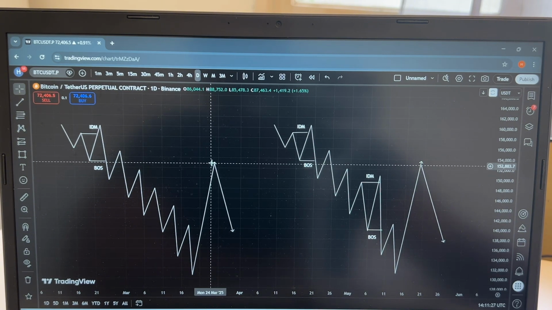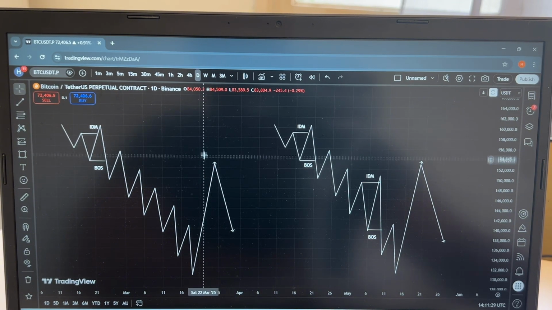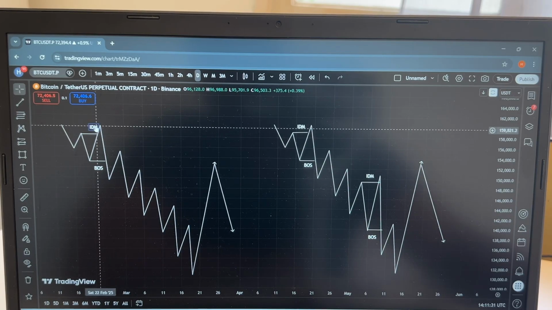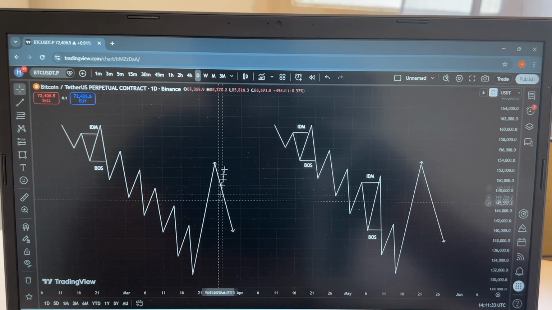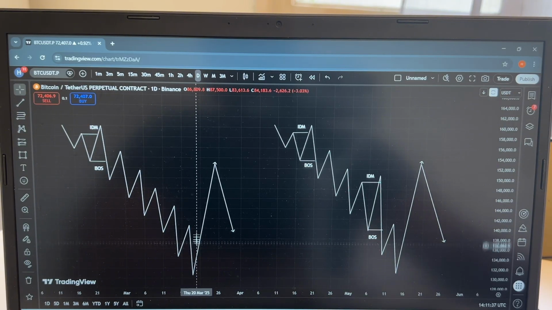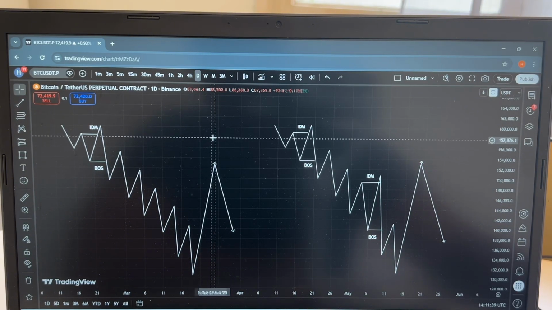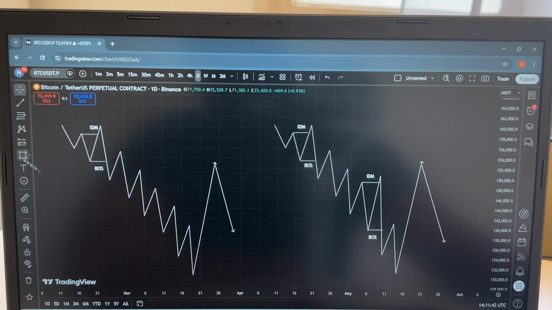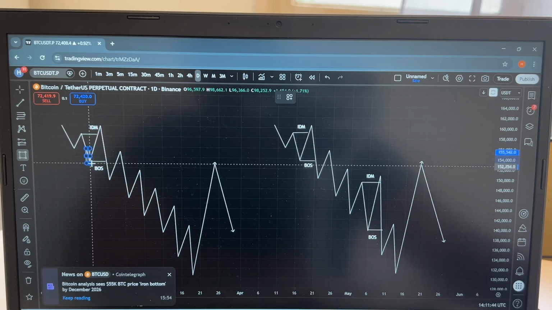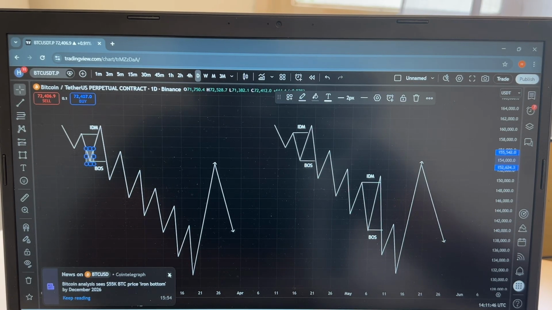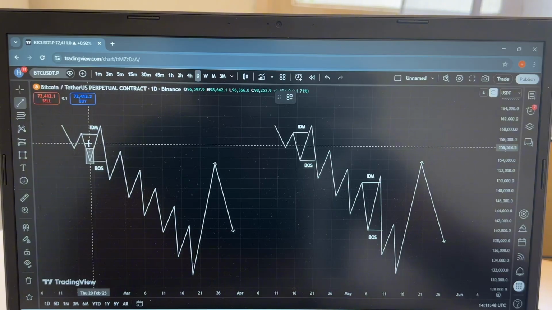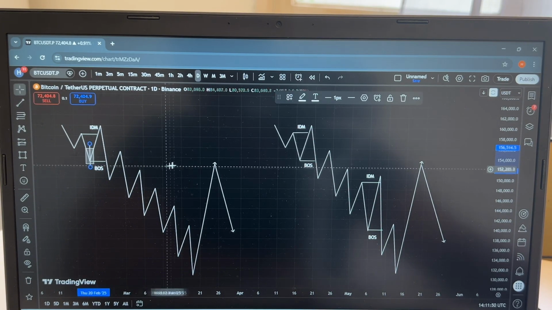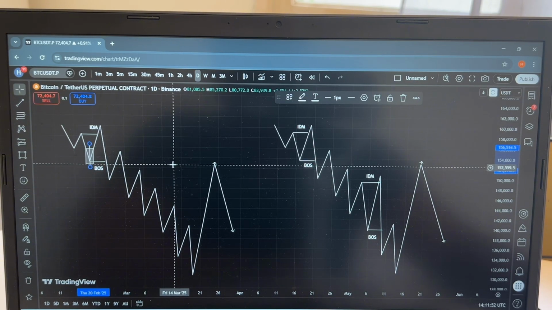And just like I said before, the market is not going to fully come back to the extreme order block, because this distance is extremely far. So instead of going to the extreme order block, it just changes its direction from the breaker block. The breaker block in a downtrend happens in the swing low.